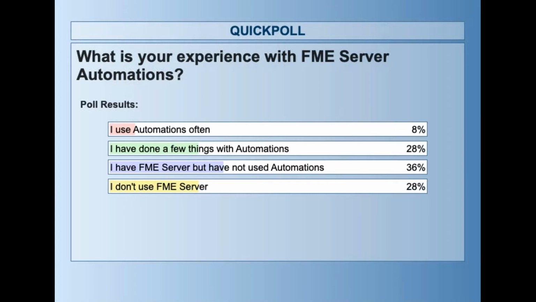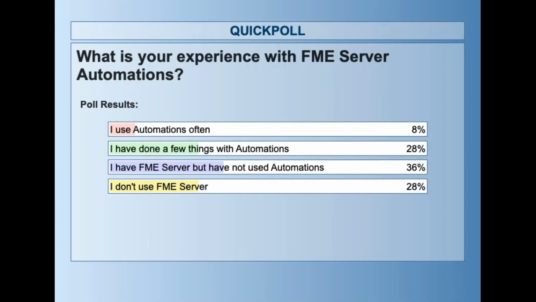So it looks like some people have been using automations, maybe not all the time. There's also quite a few people who have FME Server but haven't used automations yet. So maybe you could write in the chat and let us know, is this because you're on an older version of FME Server that doesn't have automations?